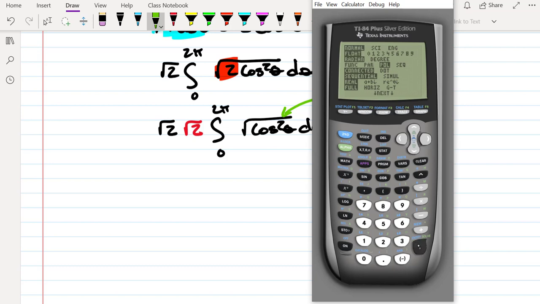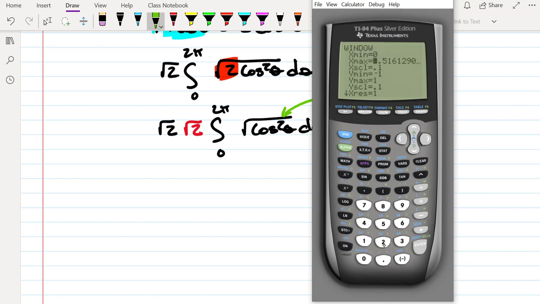function mode. We're trying to find the area underneath the curve, the square root of cosine squared of x. So if we do a graph of that, oh, my window's not quite what I want.